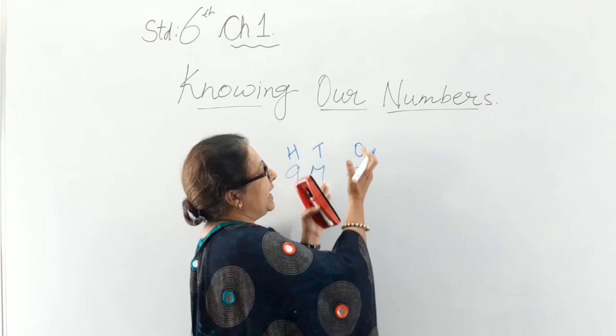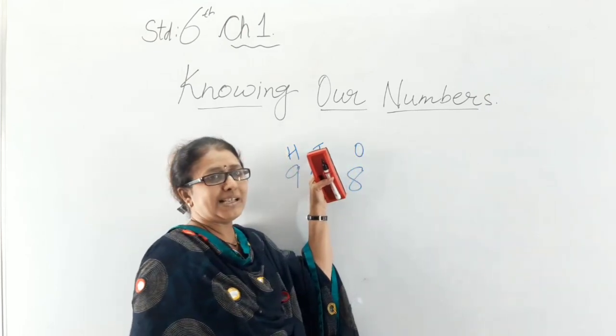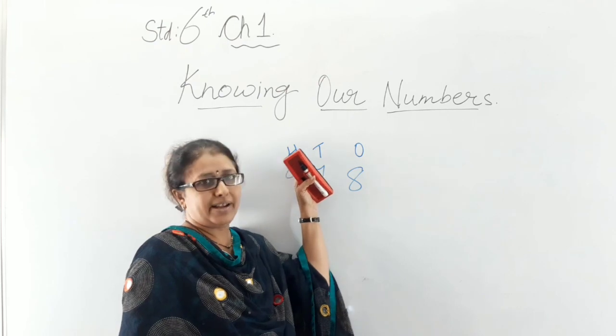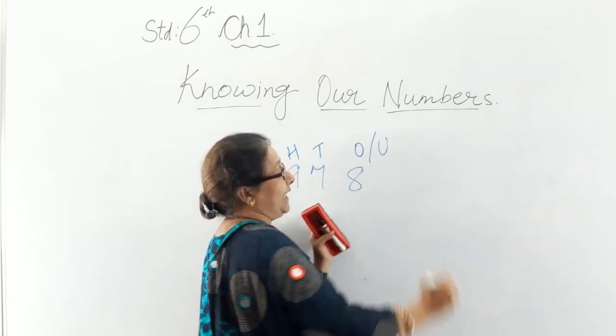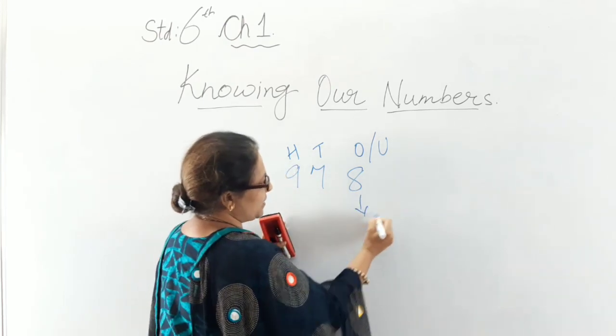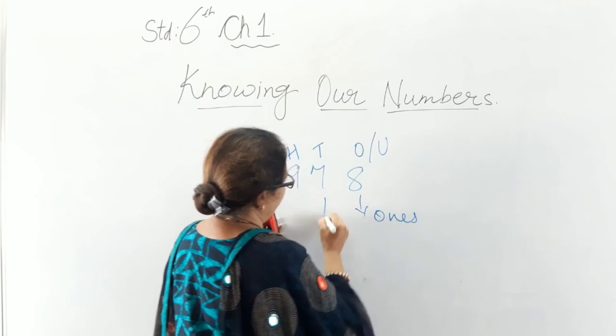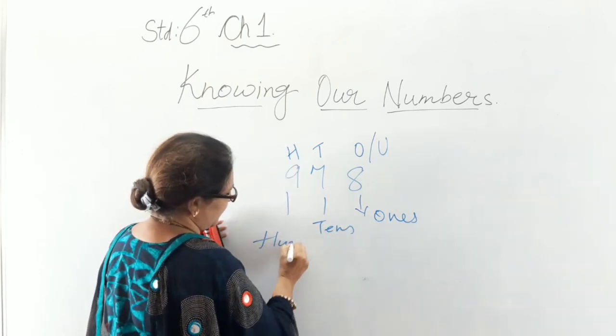So we say that 8 is in the ones place, 7 is in the tens place and 9 is in the hundreds place. Even the ones place we call the unit place. So this is the ones position, the tens position and the hundreds position.